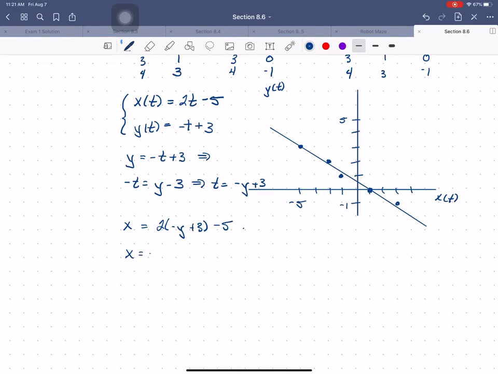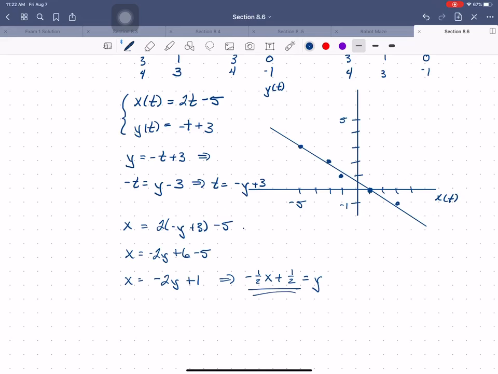So x equals -2y plus 6 minus 5, which means that x equals -2y plus 1. So that means that x minus 1, so -1/2 x plus 1/2 equals y.